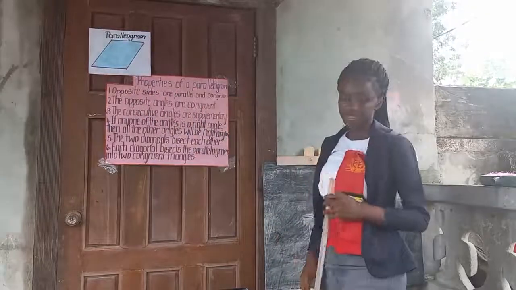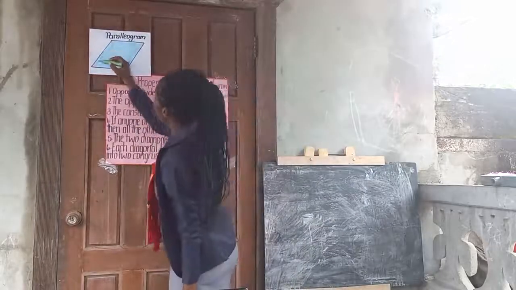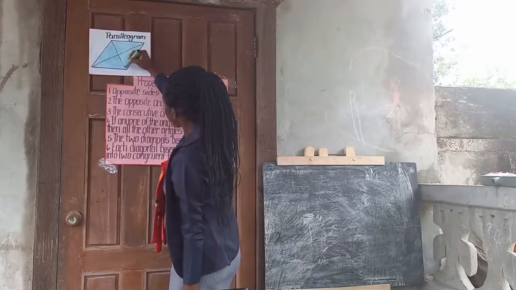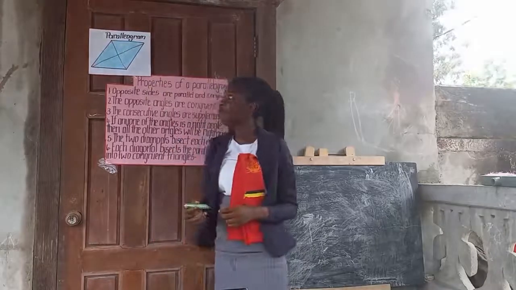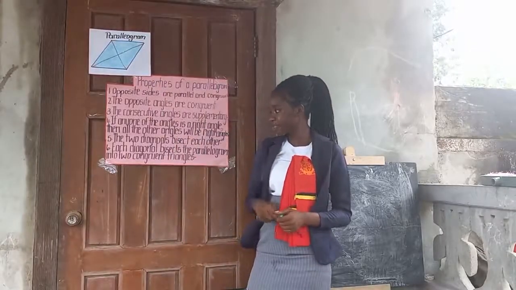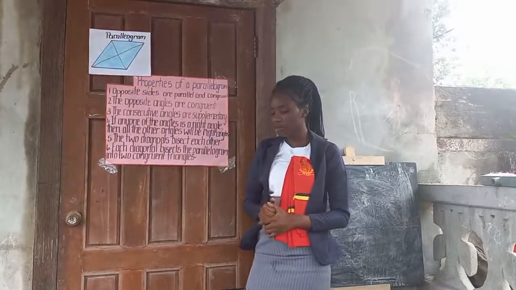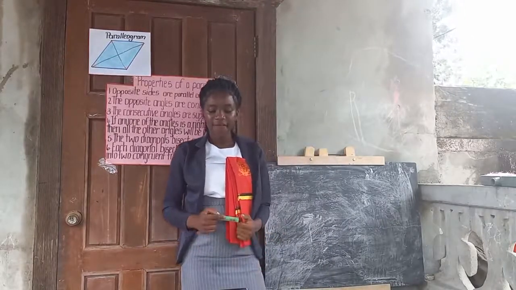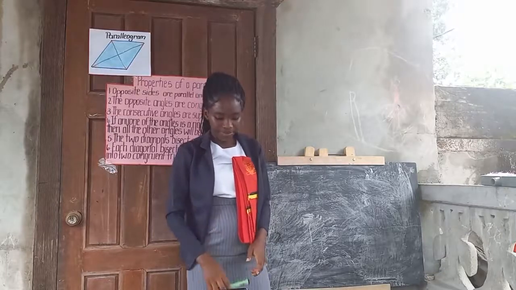Okay, let me demonstrate. When we have our diagonals, it will form two congruent triangles, right? Meaning that the triangles are equal.